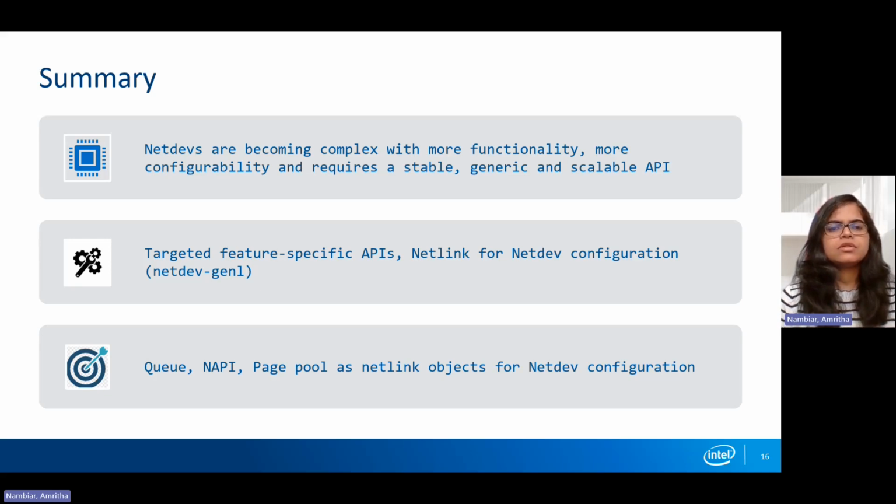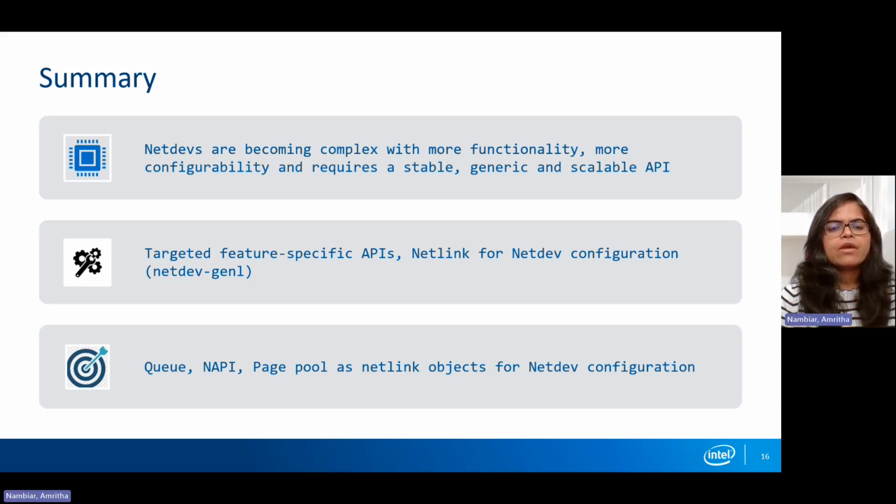So to summarize, we have Netdevs that are becoming more and more complex, and even though it would be ideal to have a generic scalable API for net device configuration, the best we could work with are targeted feature specific APIs, and the Netlink interface for net device configuration is also suitable.